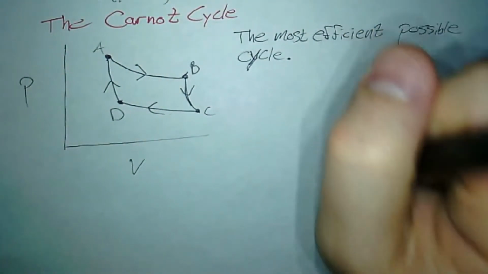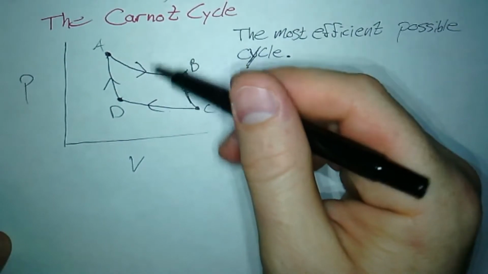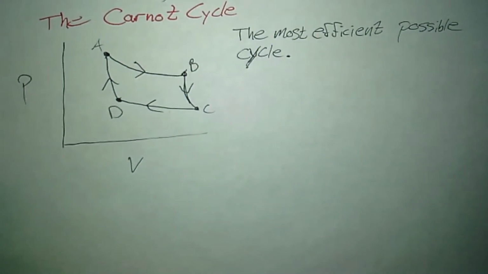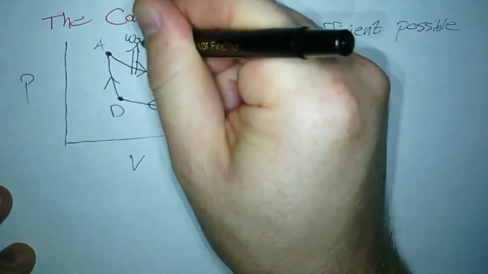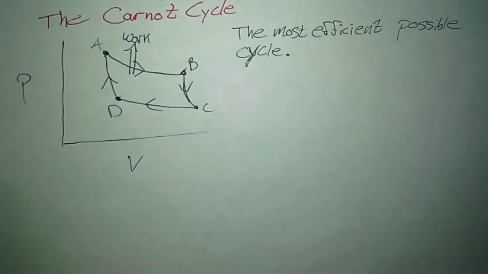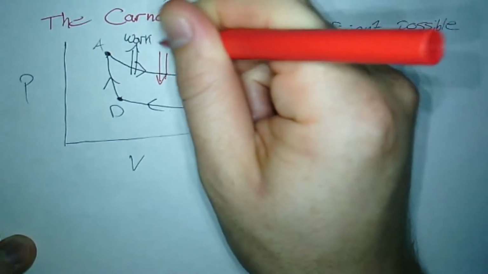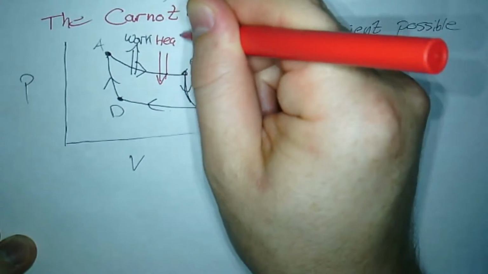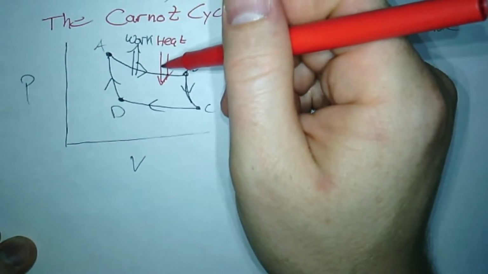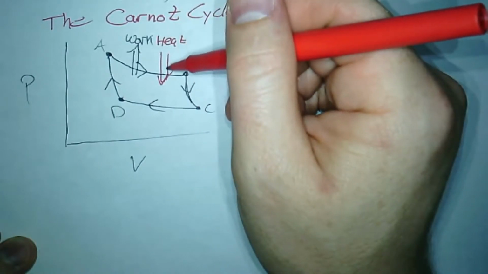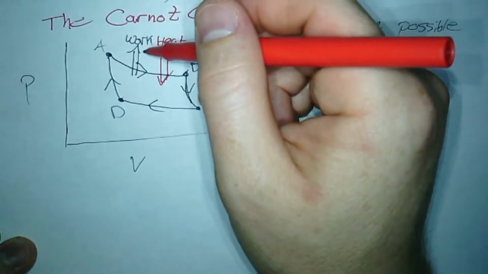Now, to have a true isothermal curve, since we do have heat exchange through here, we are still having energy leave through work and having energy enter through heat. Right? So if I'm having energy enter and leave, it's really, really hard to do this perfectly to get it isothermal.